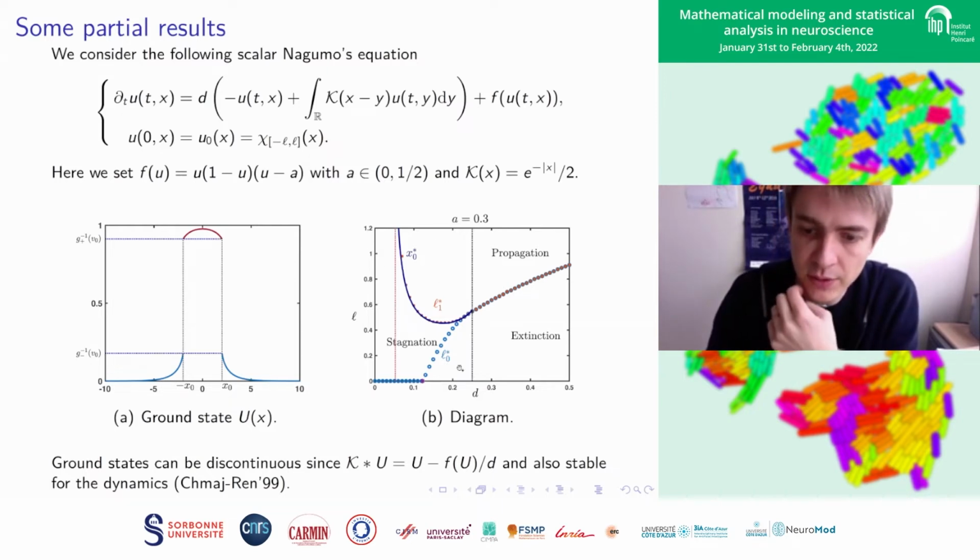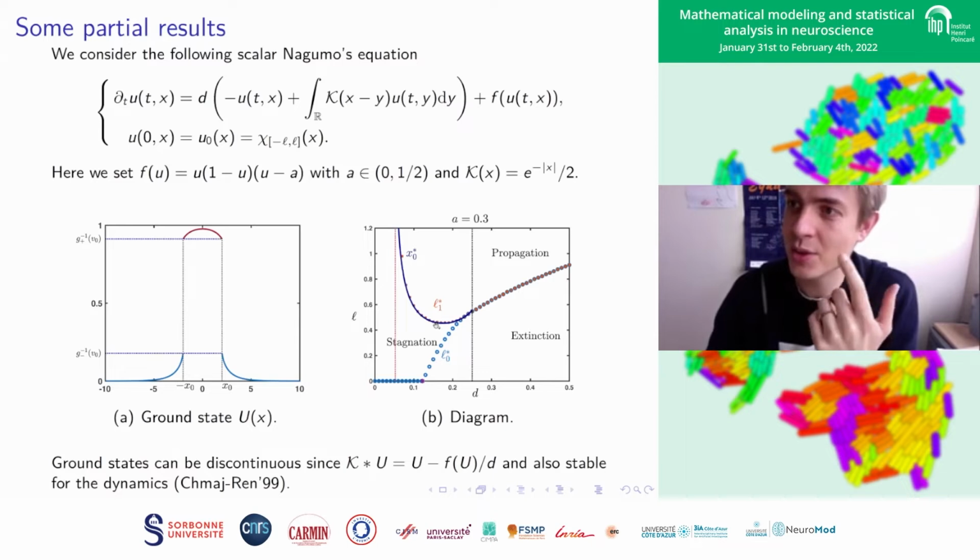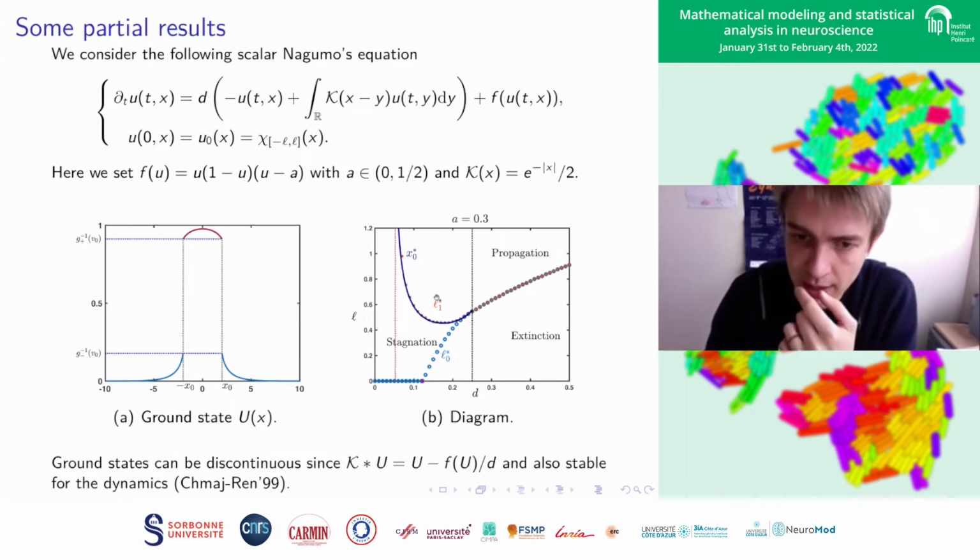But in that case, you get, for small values of the diffusion coefficient, different possible behaviors. So for example, here, if you're in that region, I fix D and I increase L. I have first extinction, then for some region in L, stagnation, meaning that I will converge to a stationary solution. I don't have either extinction or propagation, and then I get propagation.